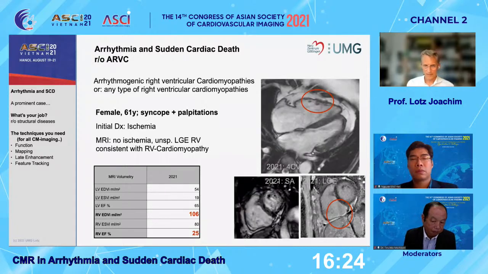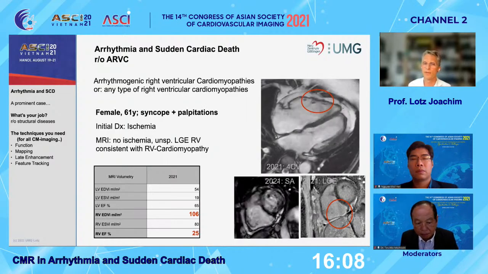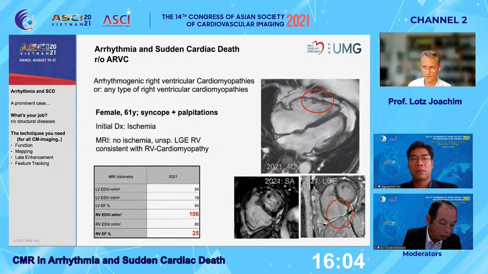Now, this patient is a 61-year-old, so she's way out of the normal age range where you would expect the first manifestation of an ARVC, which is about 15 to 30 years. This is approximately the time where you think that the syncope and palpitation manifest themselves for the first time.